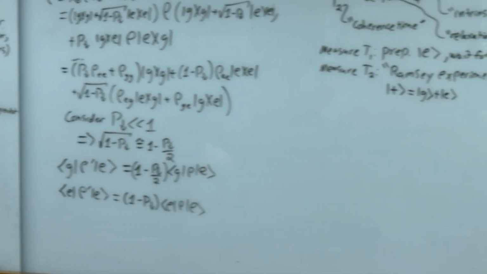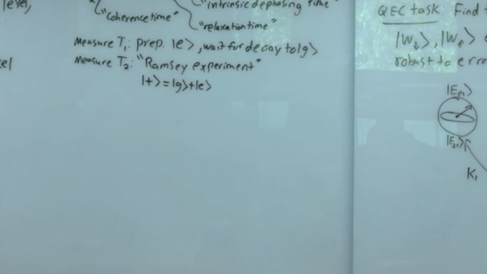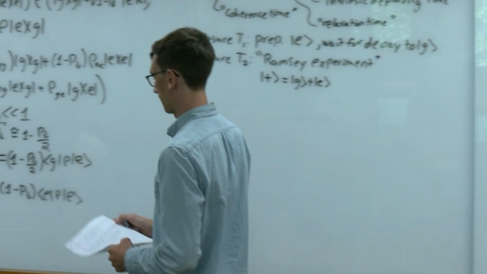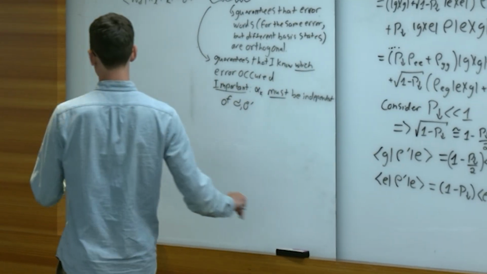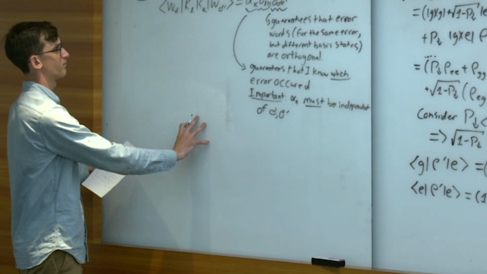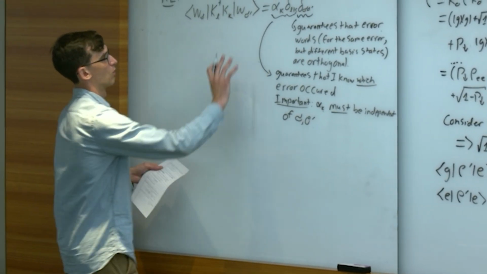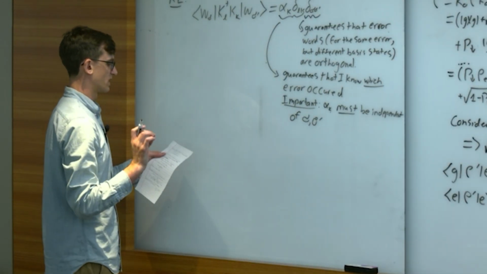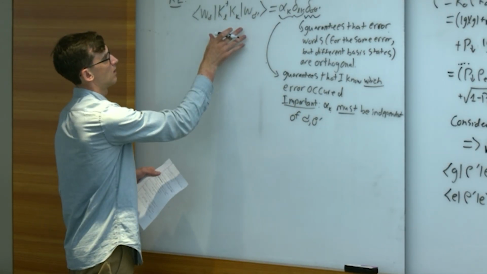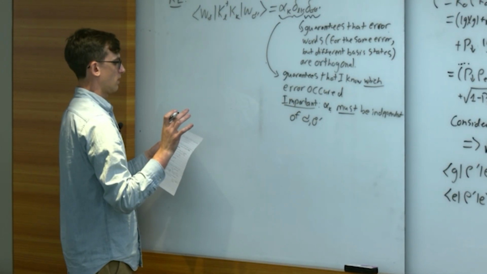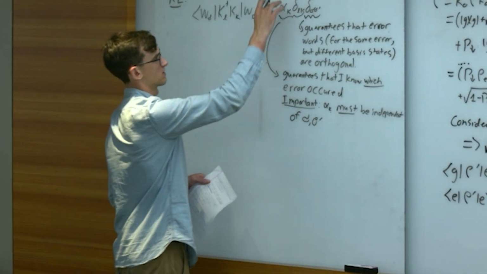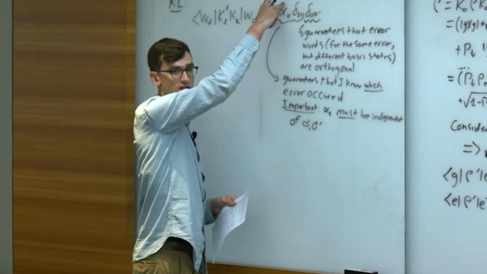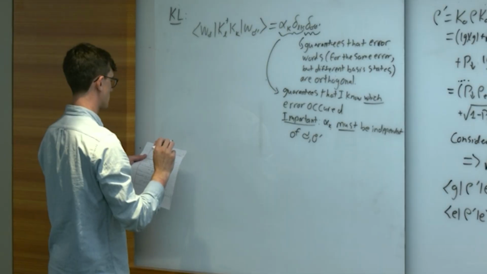So let's consider an example. Actually, let's talk about it like this. The first thing to note is that the probability of experiencing an error has to be the same for the code words. Said another way, alpha_K is independent of sigma and sigma prime. So let's look at that explicitly.